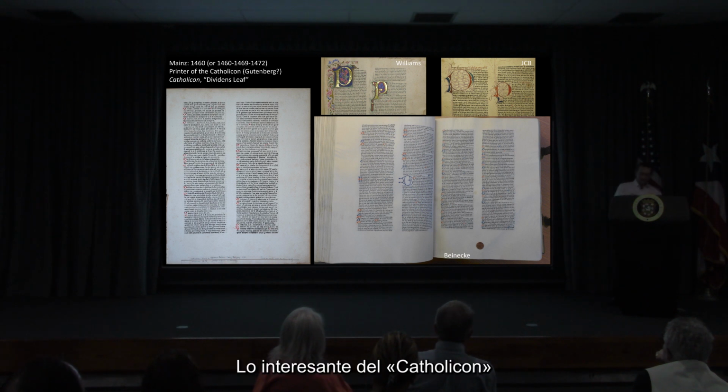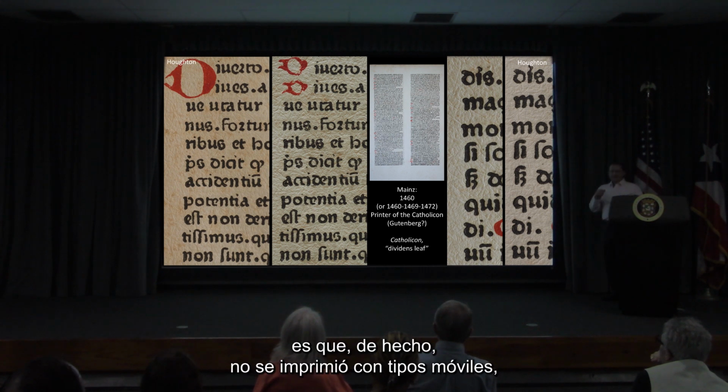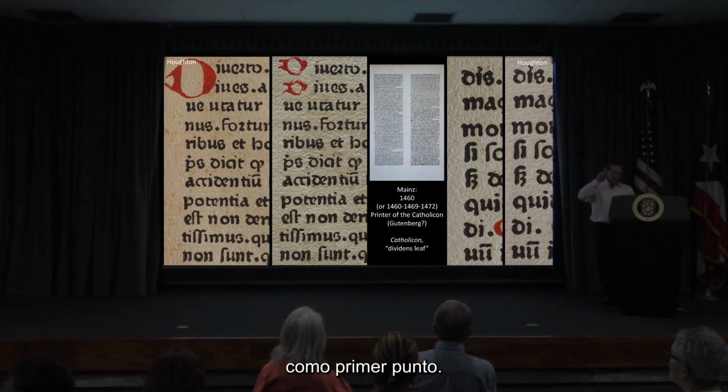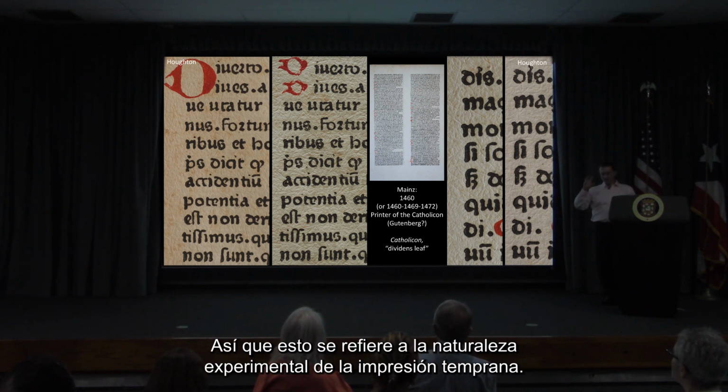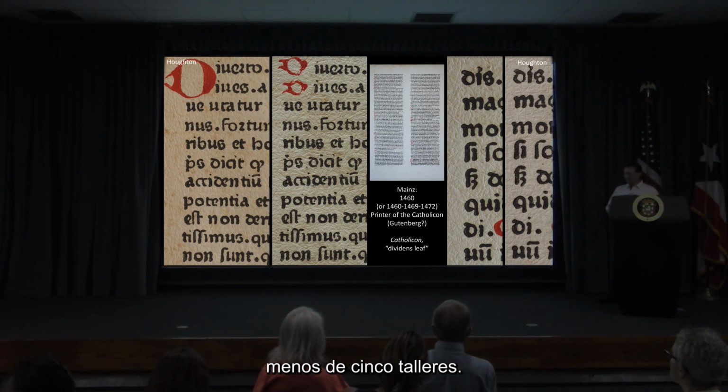What is interesting about the Catholicon is that it wasn't, in fact, printed from movable types. So this goes to the experimental nature of early printing. This is when printing was still done by quite literally less than 5 shops.